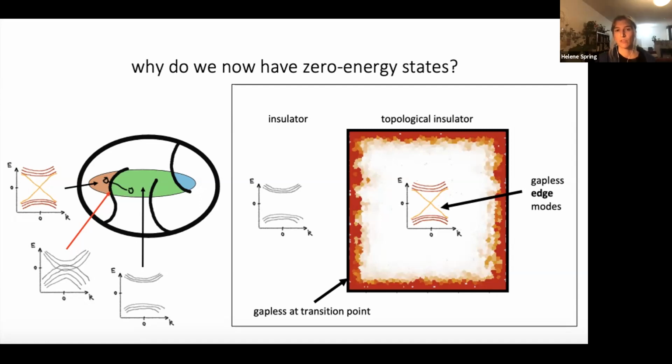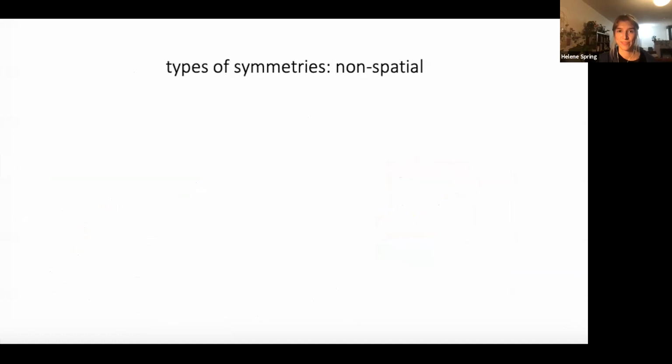Now that we have some idea of the part that symmetries play in realizing topological systems, let's see what symmetries actually are. When we think of symmetries, we tend to think of spatial symmetries like reflection or rotation. In condensed matter systems, however, there are three important non-spatial symmetries.